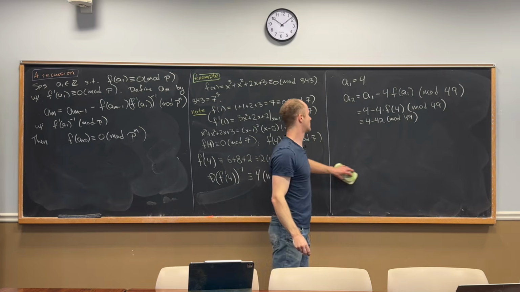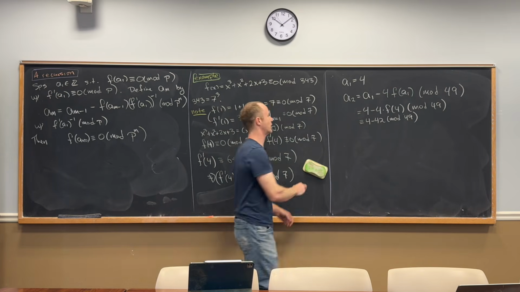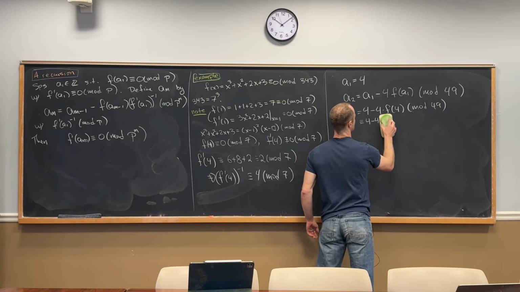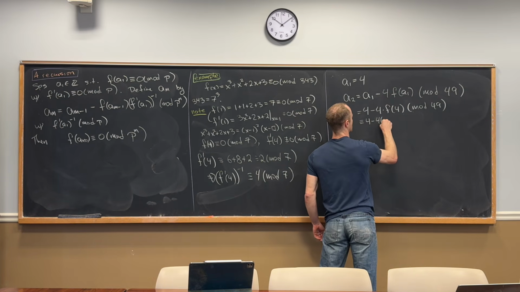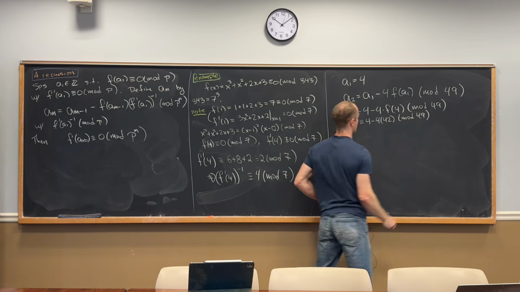So it's negative 42. Well, actually, that's 4 times 42. So 4 times 42 mod 49.